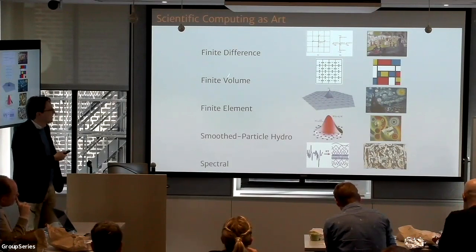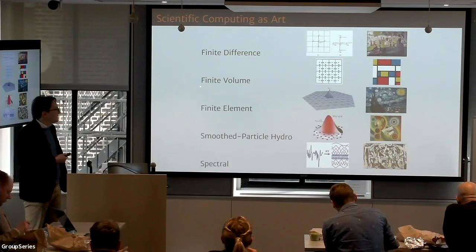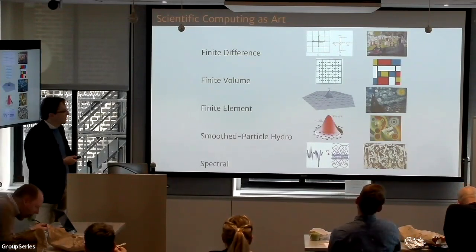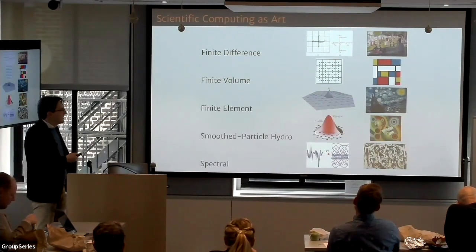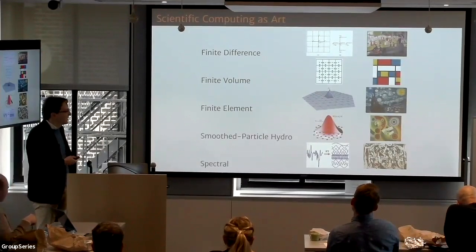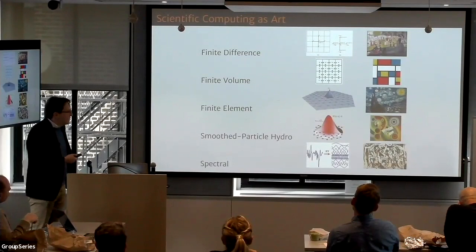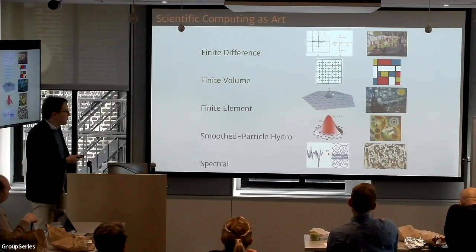Finite volume takes a different representation. This is commonly used for fluid equations. Here you discretize into cells, and each cell keeps volume average quantities, and these cells can exchange material through fluxes. You have finite element methods, which I've also helped design, where you can represent your solution as a sum of basis functions that have compact support.